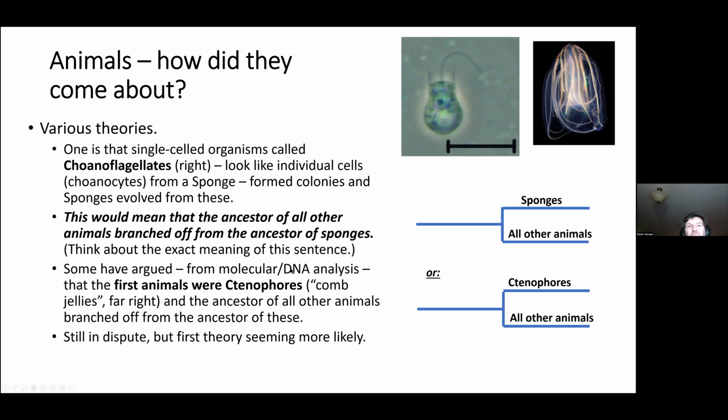And this is based on the molecular or DNA evidence, and one way of interpreting these DNA analyses is that the ctenophores were actually the first animals, and that all the other animals, including the sponges, evolved from the ancestors of those. At the moment, it's still disputed, but it's swinging back to the sponges.